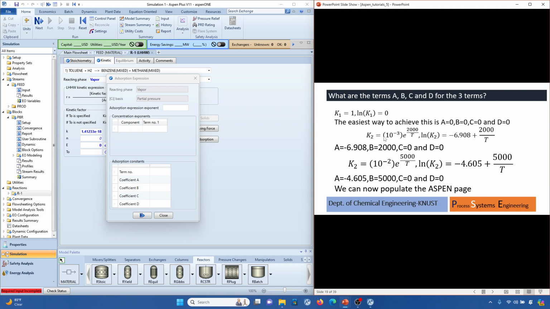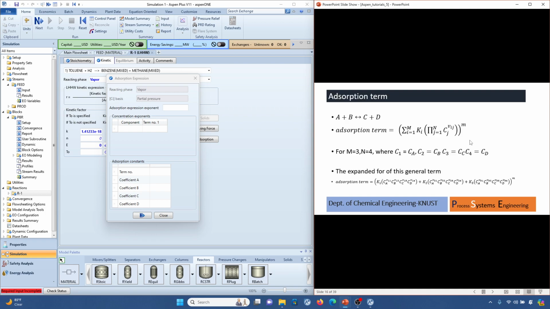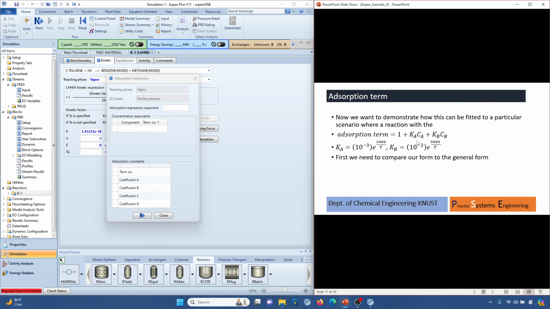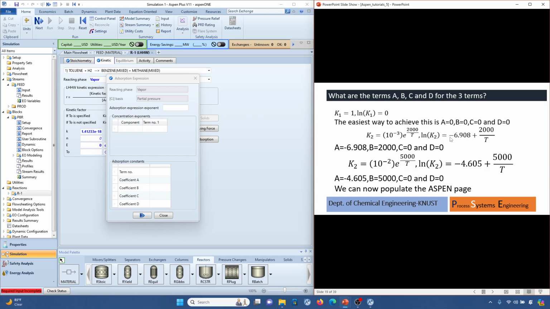Once we linearize this part by taking the natural log, we get the values of these terms. And if you look back here, you remember that A is the first term and B over T is the second term. So once we apply that, we get a similar form. And we specify this value for A and this value for B, which we should be good to, right?